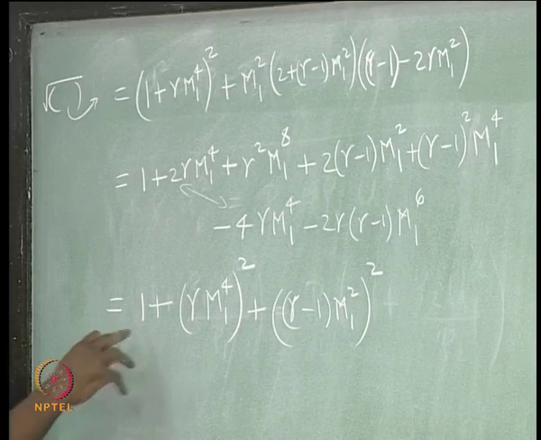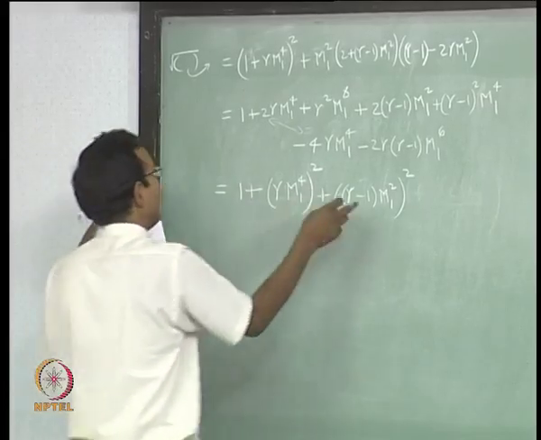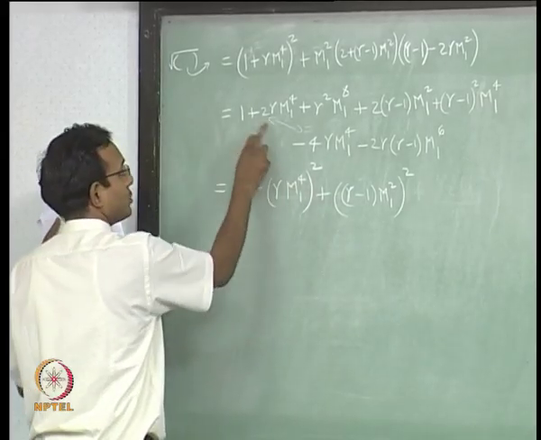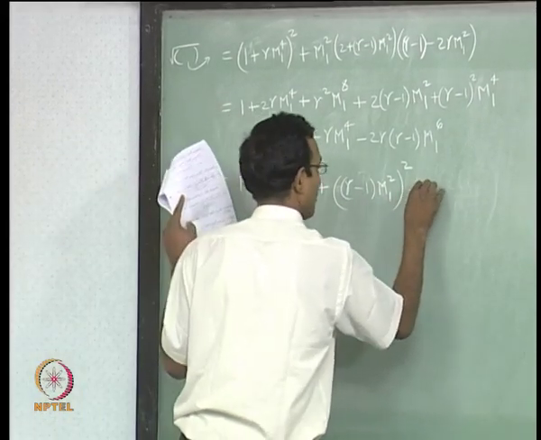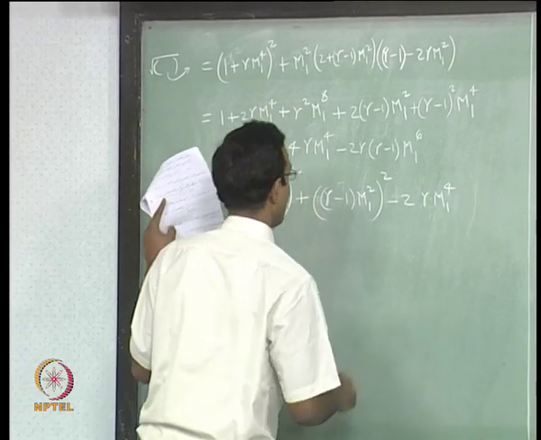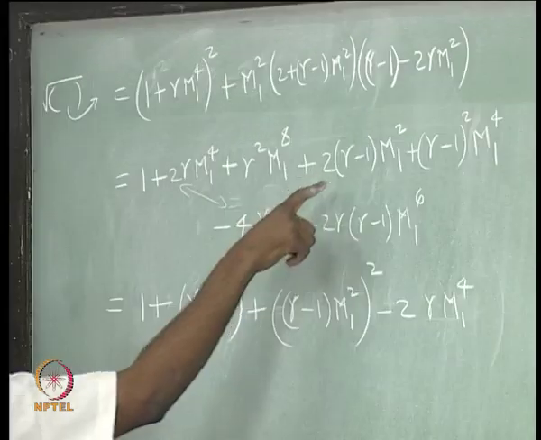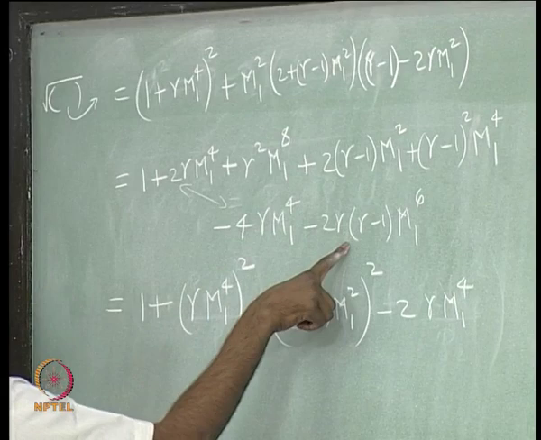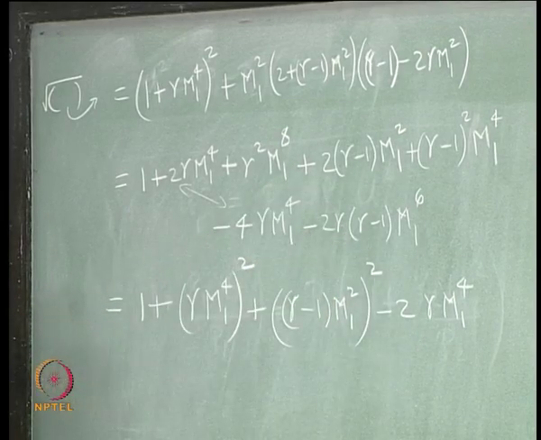Okay, of course, 1 can be written as 1 square, I do not want to write it that way, you just keep it like this. Now, I will write this minus 2 times gamma m1 power 4. That is one term. Now, the remaining two terms are this one and this one, m1 square term and m1 power 6 term.